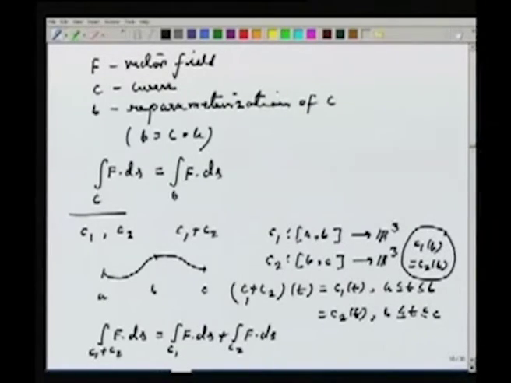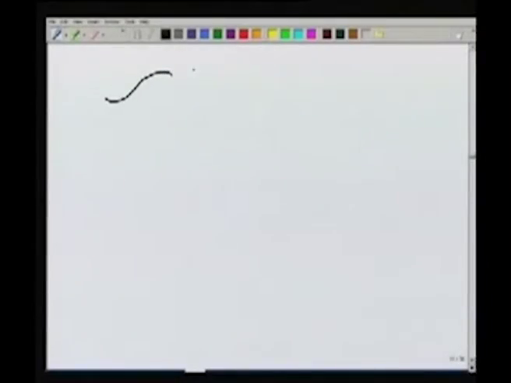Similarly, one can take the negative of a curve also just by changing the direction. Suppose this is my curve C. This is the initial point, this is the final point. Then I can look at the same curve but now in a reverse direction. It goes this way, let us say. I can come back this way.